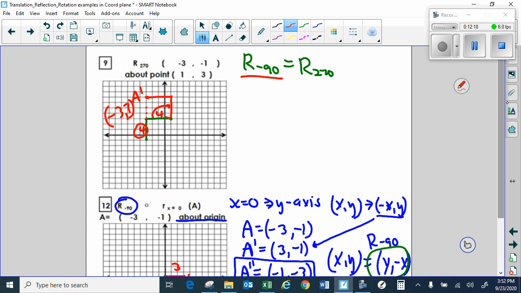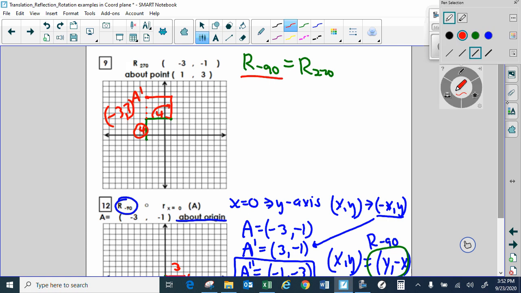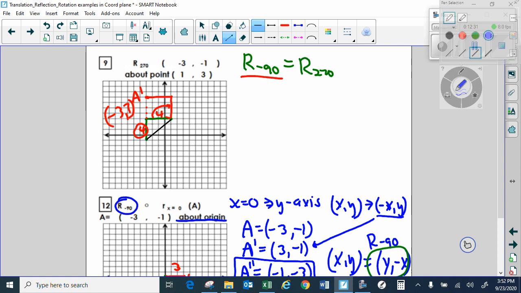Okay, now how can I check to make sure I've got it right? Well, if I take a segment, can I connect from the pre-image to the center of rotation, and from the center of rotation to my image point? I should see a right angle.